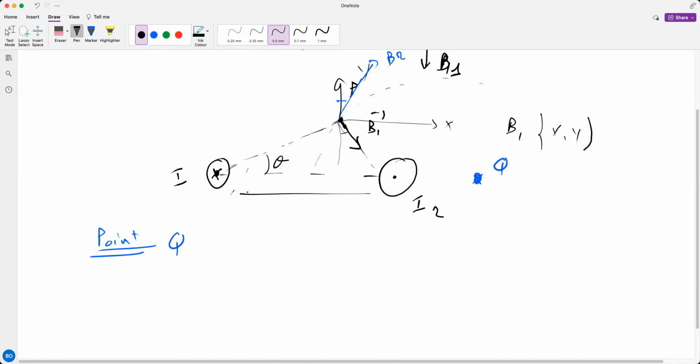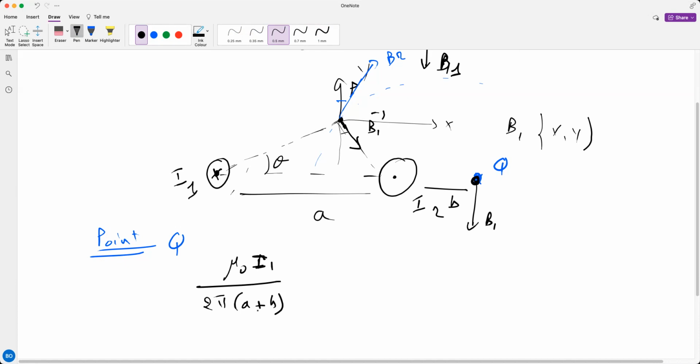Let's say this distance is A and this distance is B. So the magnetic field created here by I1 will be B1, which is mu0 I1 divided by 2 pi (A plus B). And the other one, B2, is equal to mu0 I2 over 2 pi times B.